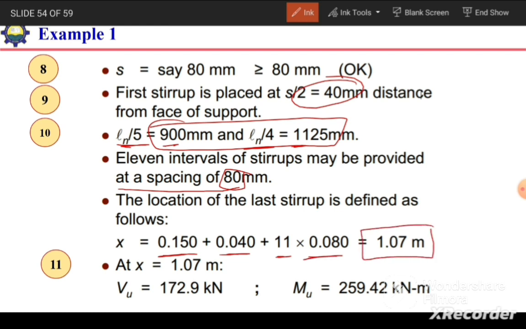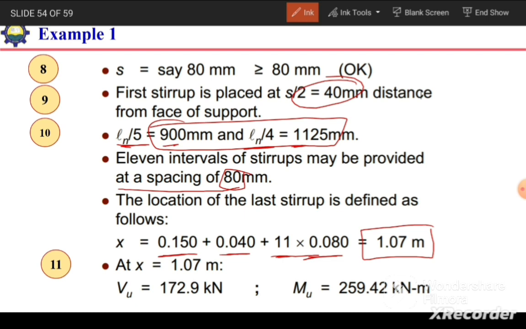So the total distance that will be covered by using the spacing of 80 millimeter will be 1.07 meter. At this location we again need to calculate the Vu and Mu value, and we will recalculate the spacing of the stirrup, and that spacing will be continued either up to the center of the beam or up to the location where stirrups are not required.